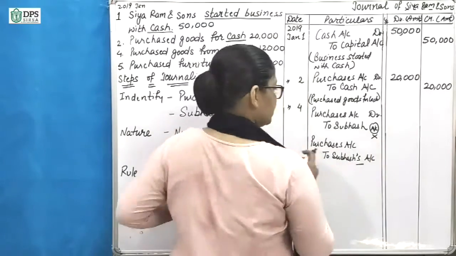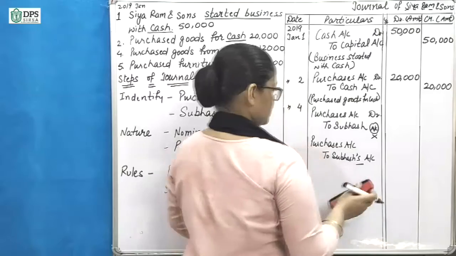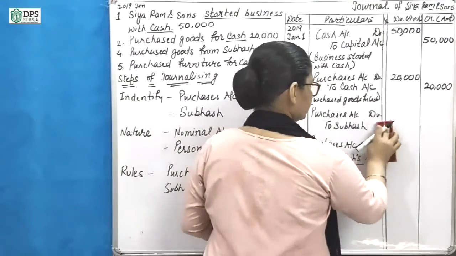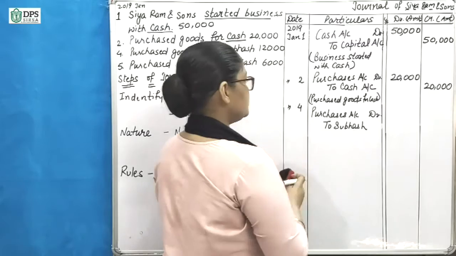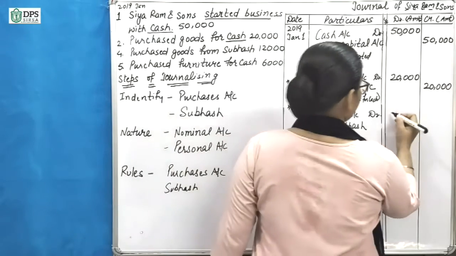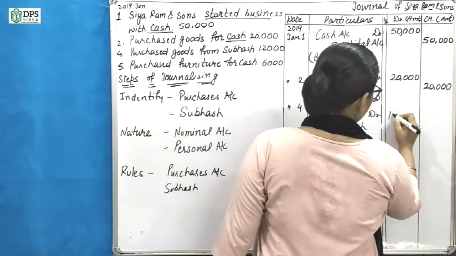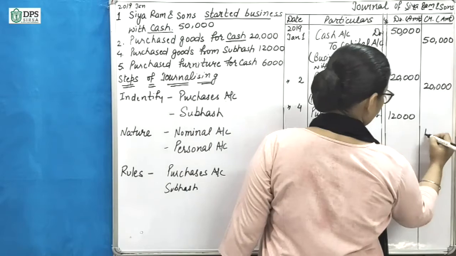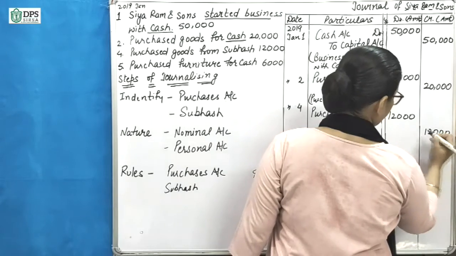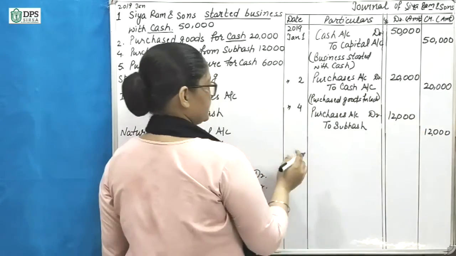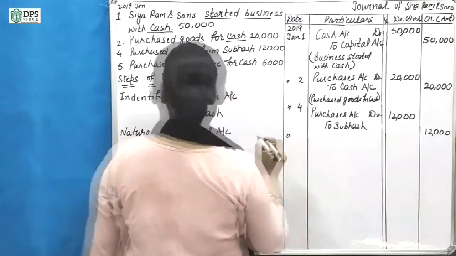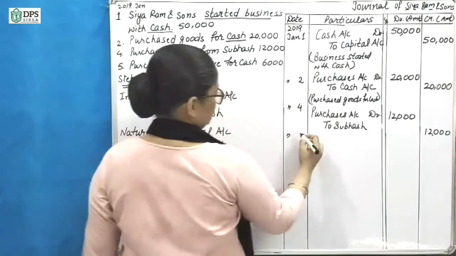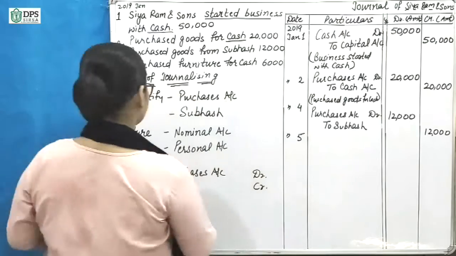So I will choose the first method. Purchases to Subhash. The amount is 12,000 in the debit and the credit. Next, the entry is January 5.